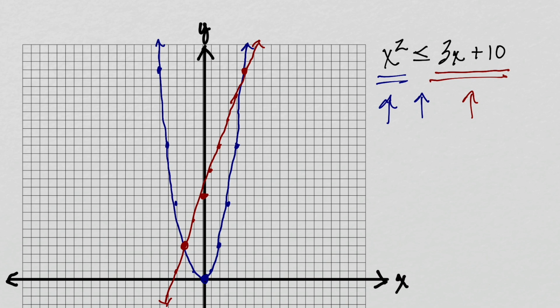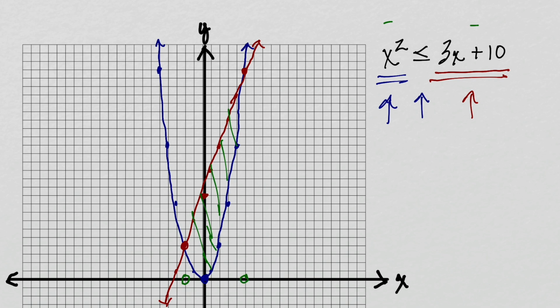So looking at my graph, I can see that this area in here is everywhere that includes a solution where the left-hand side is lower than the right-hand side. So that means I'm going to be going from this point here, which is a negative 2, up to a positive 5.